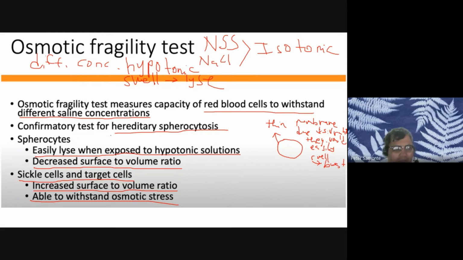It is a confirmatory test for hereditary spherocytosis. Your spherocytes have decreased surface to volume ratio, thus they would easily lyse when exposed to hypotonic solutions. While the counterpart or the opposite of your spherocytes is your sickle cell and target cells. They have increased surface to volume ratio and are able to withstand osmotic stress.